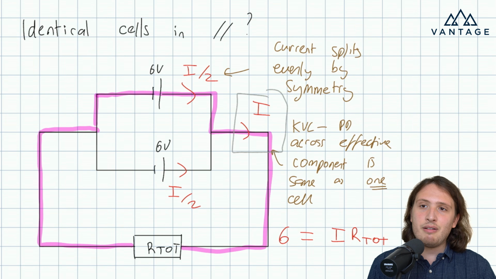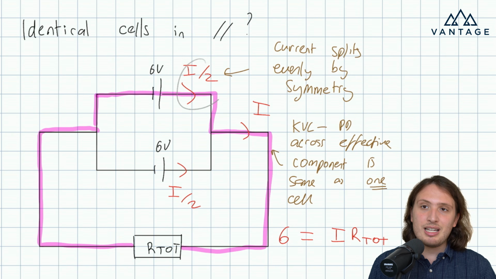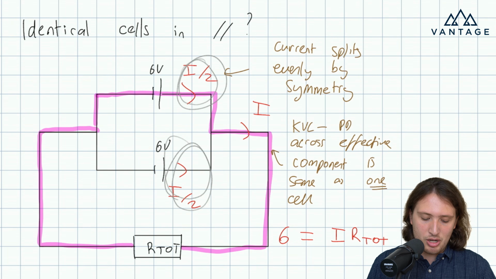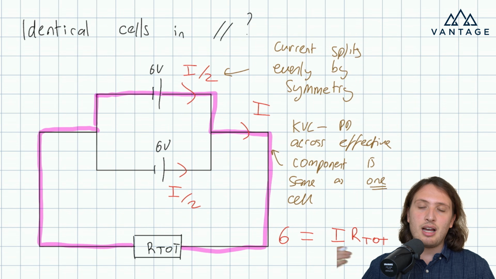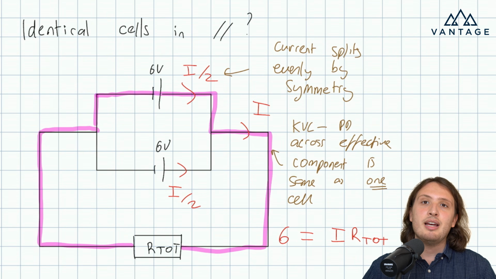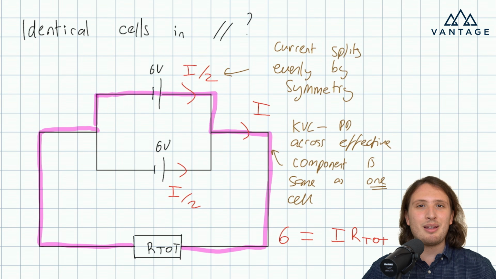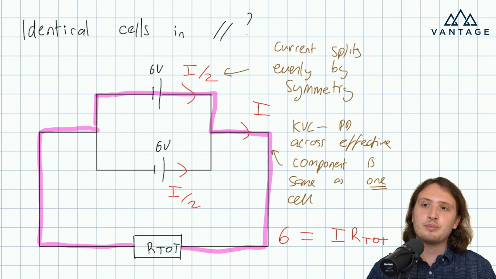So there is the current I, which flows through my imaginary component. And notice that obviously the current will split by symmetry equally across the two cells, but each individual cell is only receiving a current of I by 2. So the I in V equals IR, the I flowing through my imaginary effective component, is no longer the current flowing through each cell. It's now, if you like, the total current flowing through the two cells.